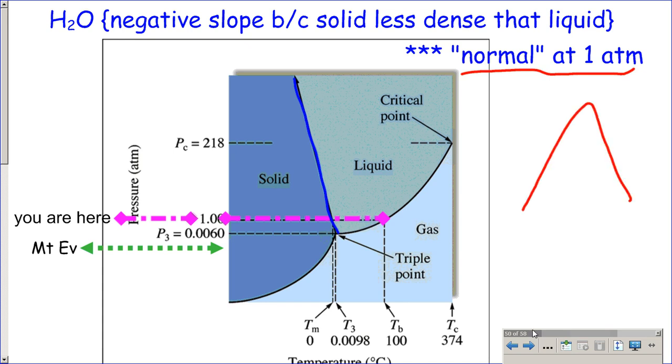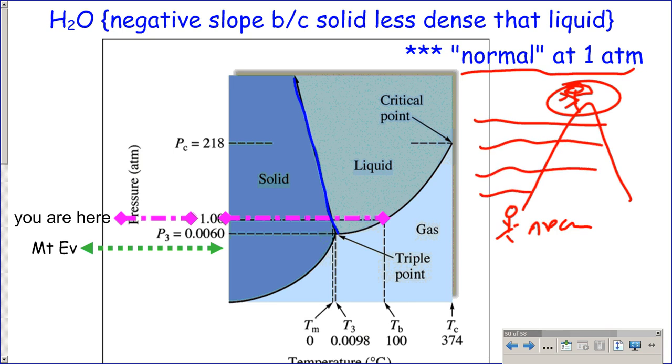So here's me, top of Mount Everest. And there's you guys. I'm up here at lower atmospheric pressure, because there's less stuff pushing on top of me from all the atmospheric layers. You guys have a lot of atmospheric layers between us, all pushing down on you, crushing you. So that's going to have more pressure.